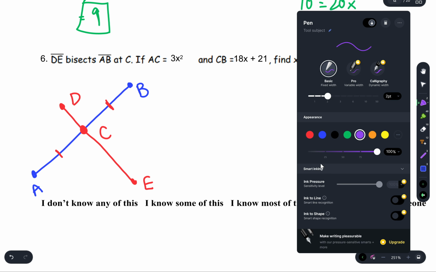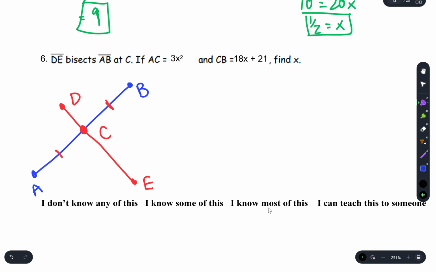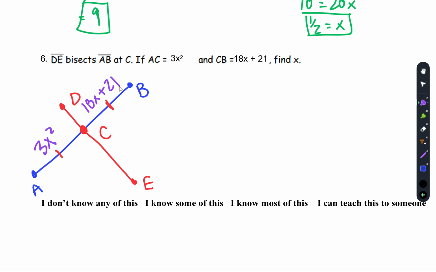So now I can start filling in some values. I know AC is 3x squared. I know CB is 18x plus 21. And again, that word congruent should be telling me I'm going to set them equal. 3x squared equals 18x plus 21.